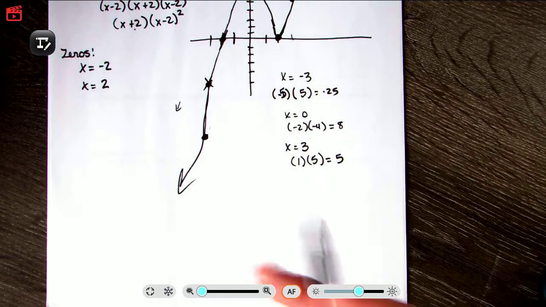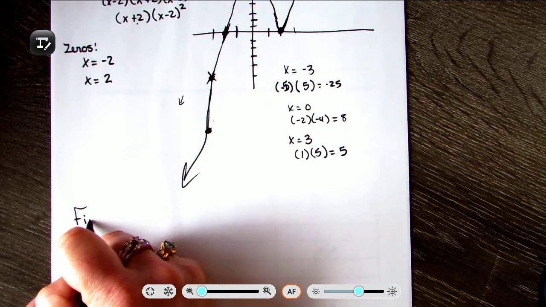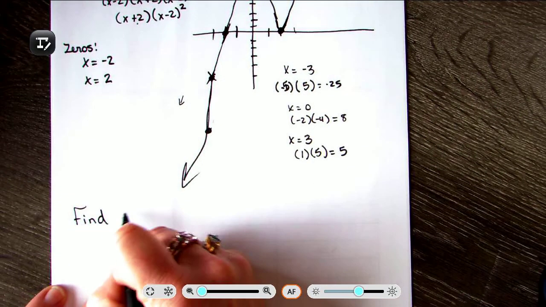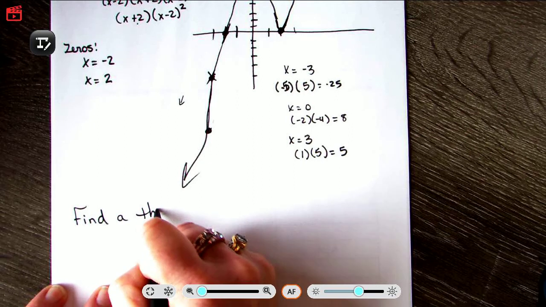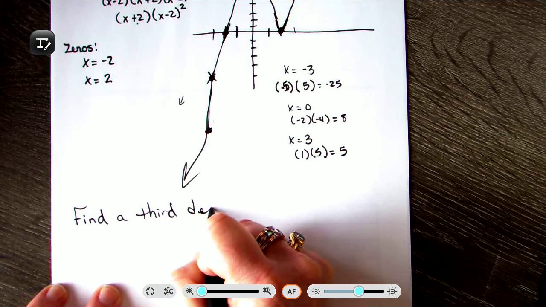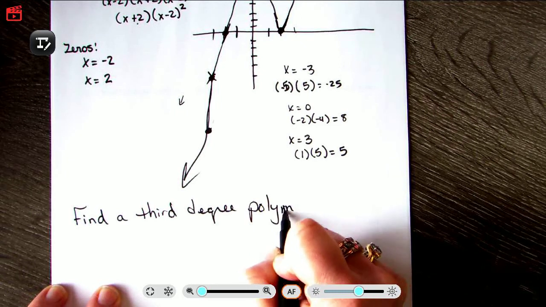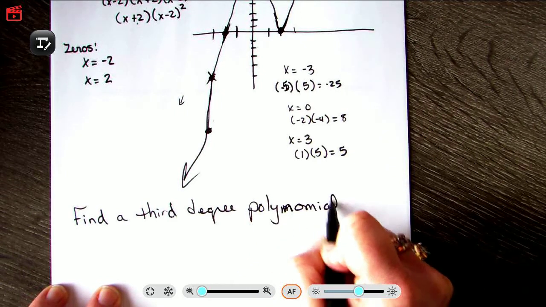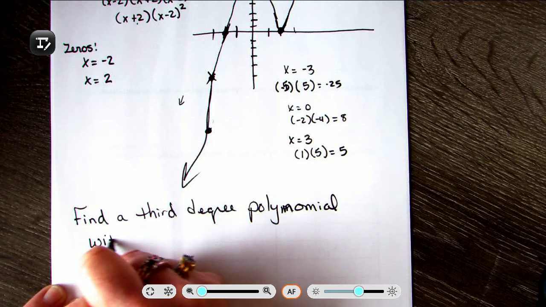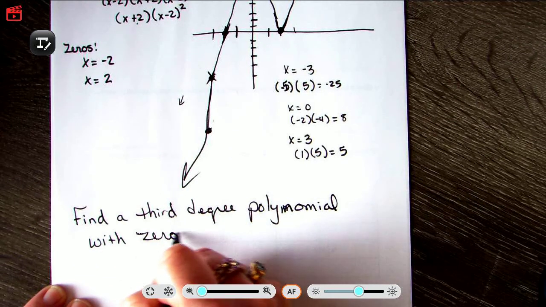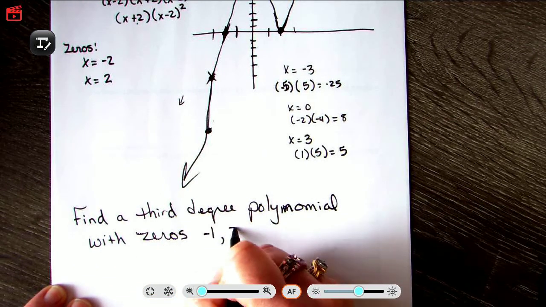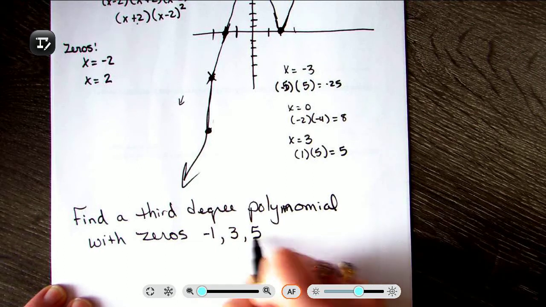One last problem that you see in these sections is we are going to find a third degree polynomial, oops, gotta learn how to spell, with zeros negative 1, 3, and 5.